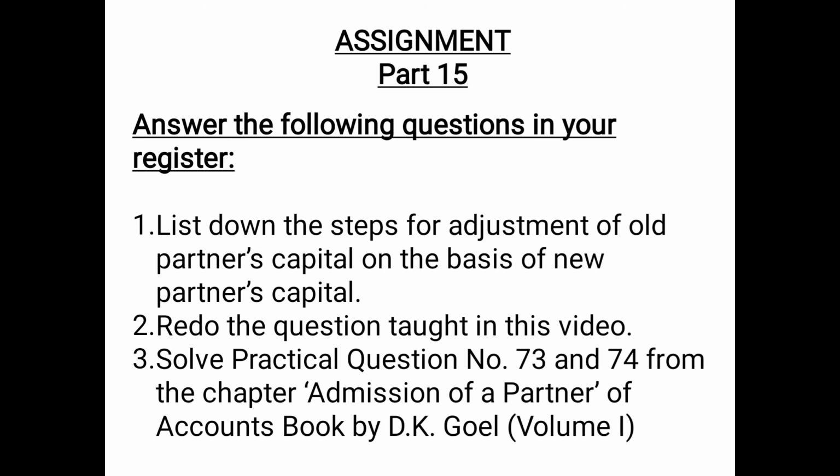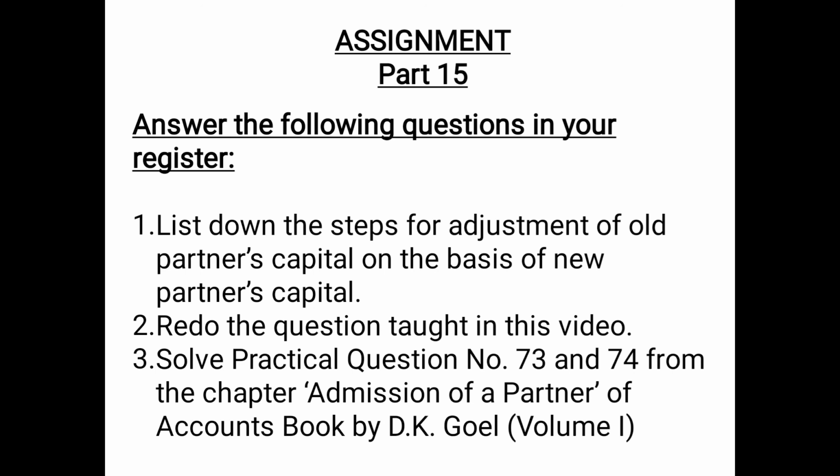Step number 2, you will distribute the so calculated total new capital of the new firm in the new PSR so as to calculate the required capital. Step number 3, you will calculate the existing capital of each partner individually after all the adjustments, before the capital adjustment, just as per the balance of capital accounts.